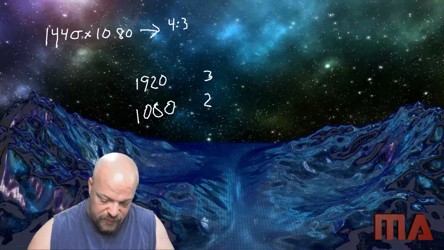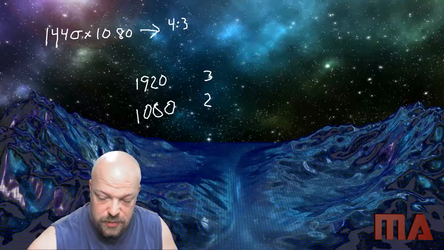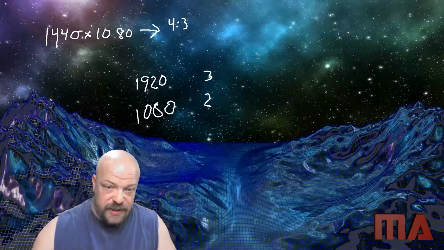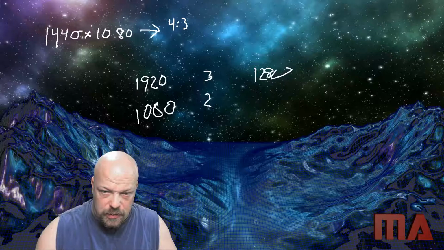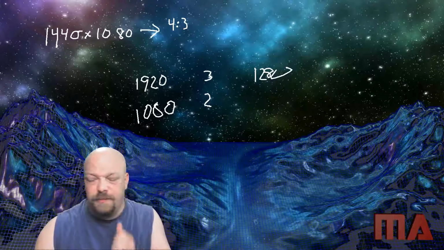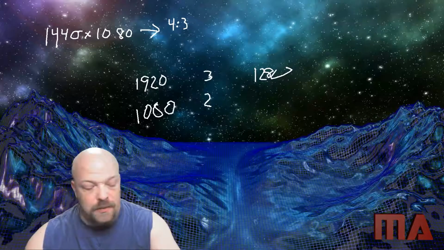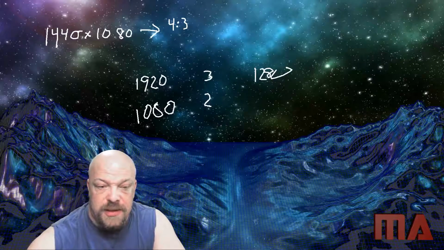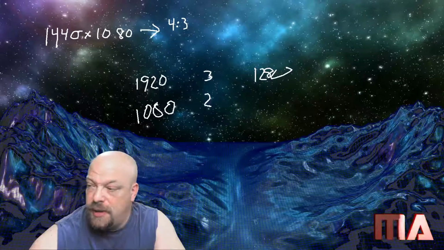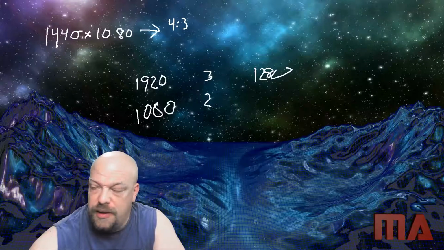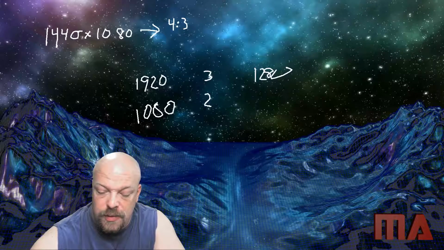So we have 640 times 2, 1280. That's not right. Sorry. That was the wrong way. So it's 1920 divided by 2 multiplied by 3. No, it was right. 1920 divided by 3 multiplied by 2.